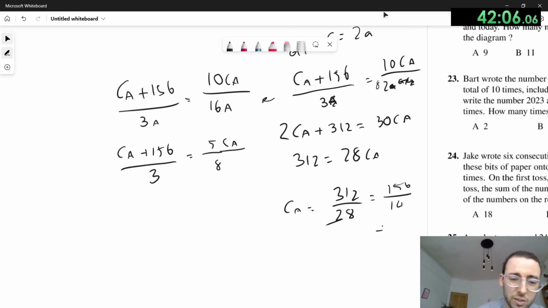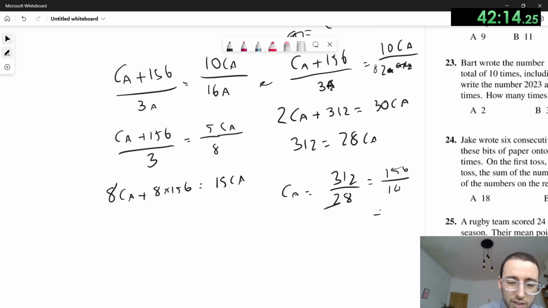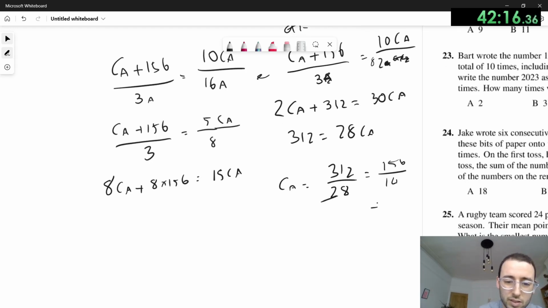I mean, this still seems a bit weird. 8CA plus 8 times 156 equals 15CA. No, I've got 7CA equals 8 times 156. But 156 is not in the 14 times table.